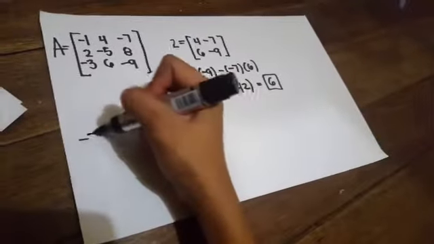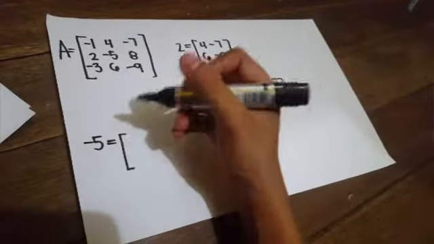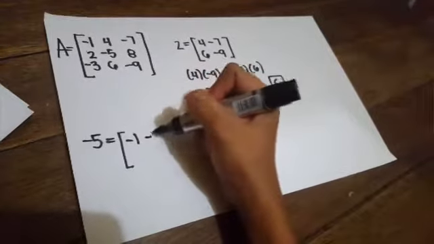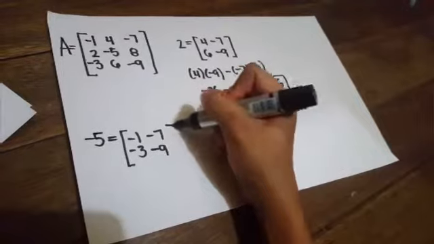For -5, the remaining entries are -1, -7, -3, -9.